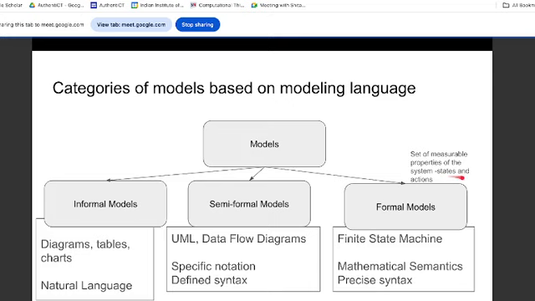States basically refer to the layout components, what we see on the screen, and the actions are the interactions that can be performed on the screen to change the state of the layout. So these are the set of measurable properties of the system.